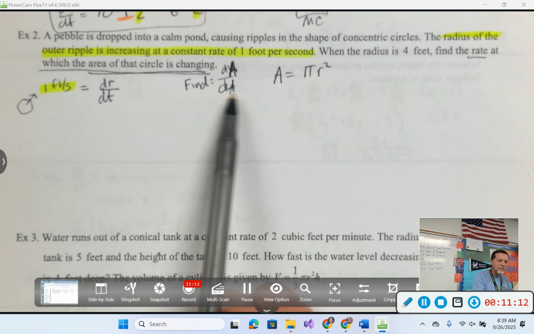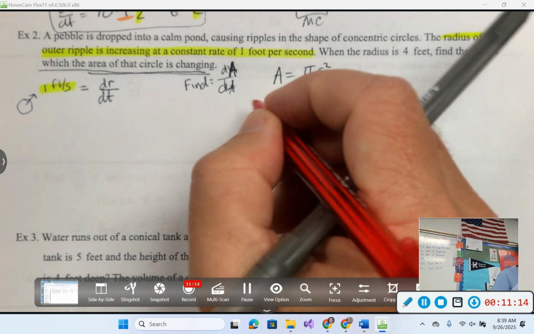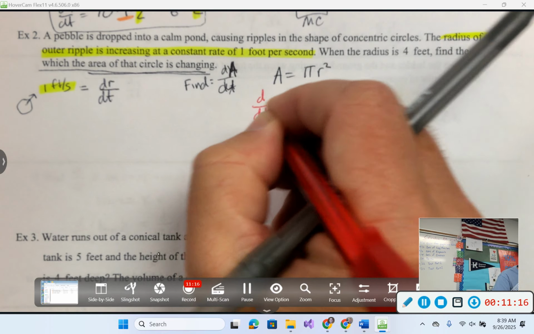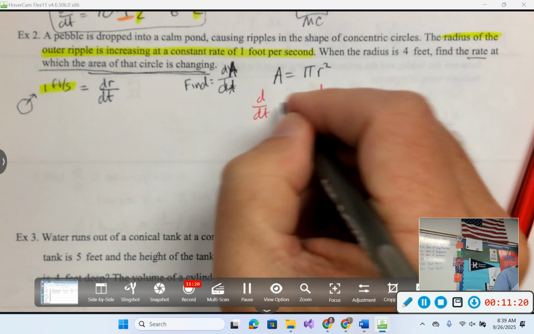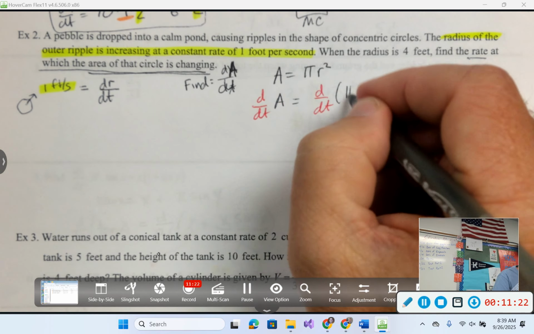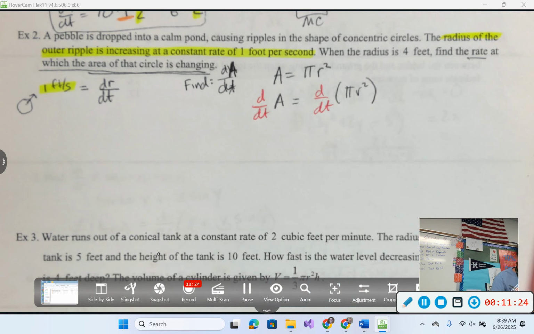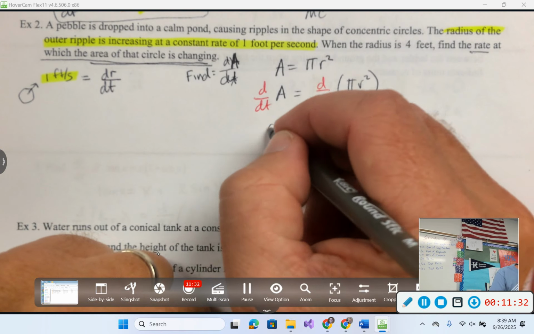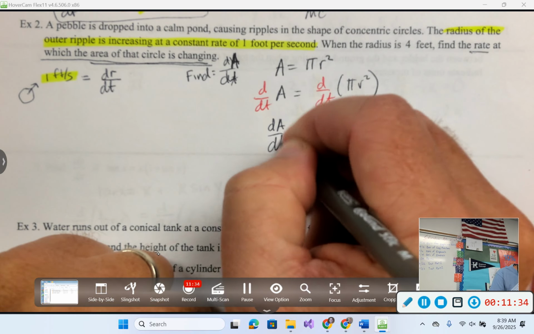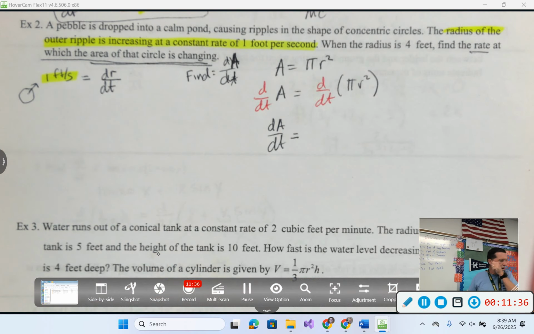So if I want to find dA dt, I need to take a derivative of both sides with respect to t so that dA dt will show up. Right, the reason I'm taking a derivative of both sides is to force dA dt to show up, because that's what I'm looking for. That's what I want to find.